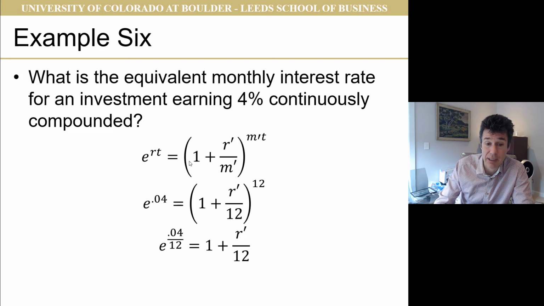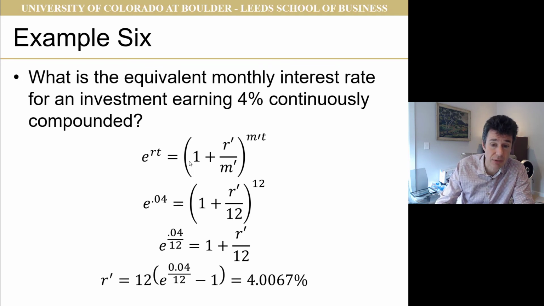The left-hand side becomes e to the 0.04 divided by 12. The right-hand side becomes 1 plus r prime over 12. Solve for r prime, and we end up with 4.0067% with monthly compounding versus 4% with continuous compounding.